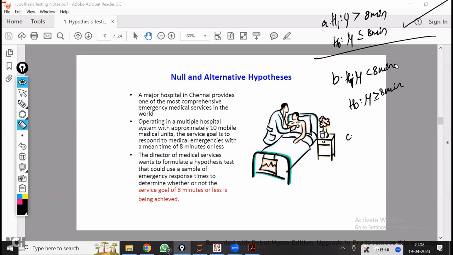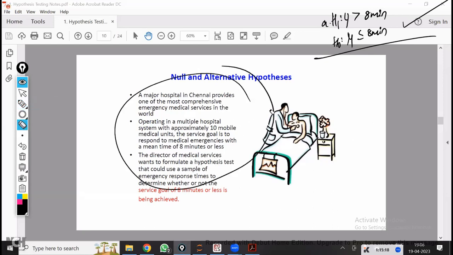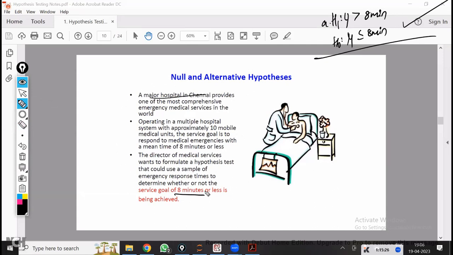Now coming to the question. The service goal, for whatever person or whatever hospital is doing the service, the major purpose is to give the service in less than 8 minutes. If the service is achieved in less than 8 minutes, there is no action required.